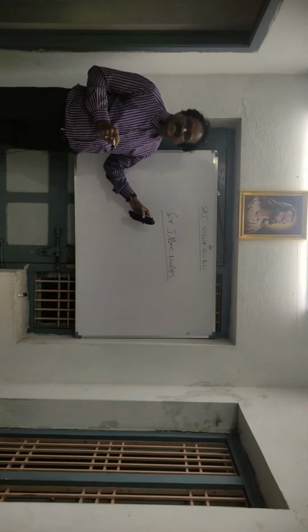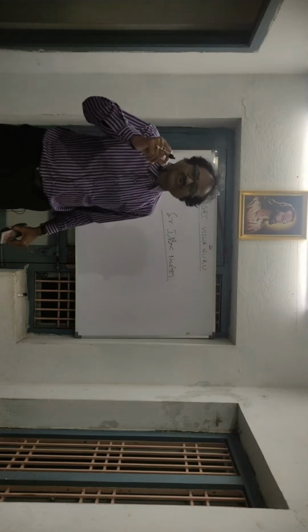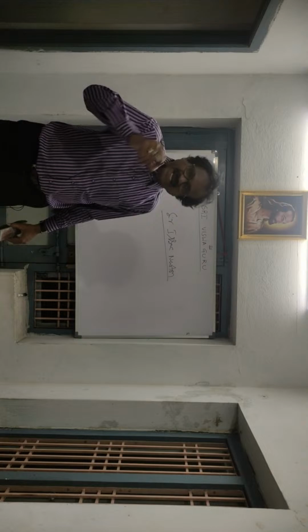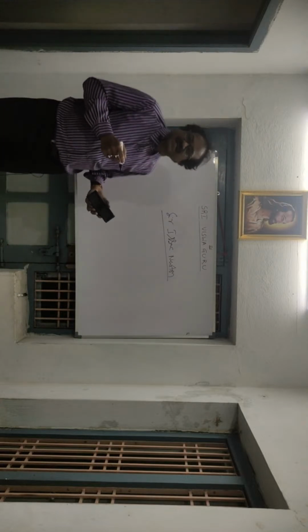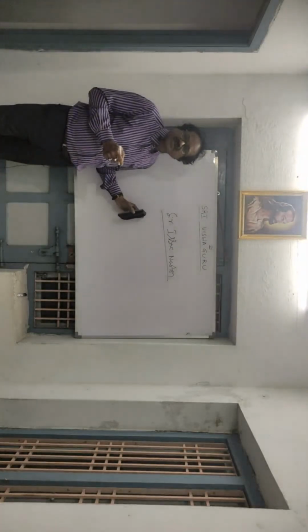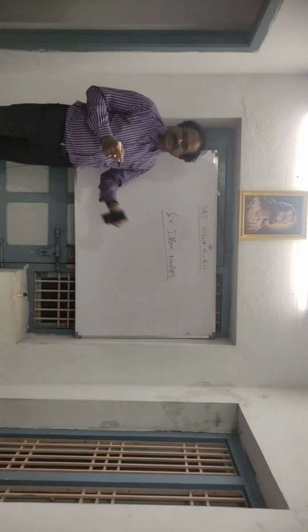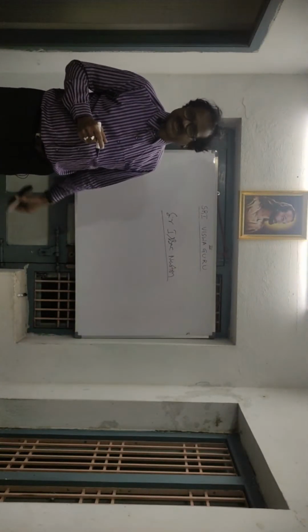Directly means the product of the two objects, and inversely means the square of the distance between the particles of those two objects.